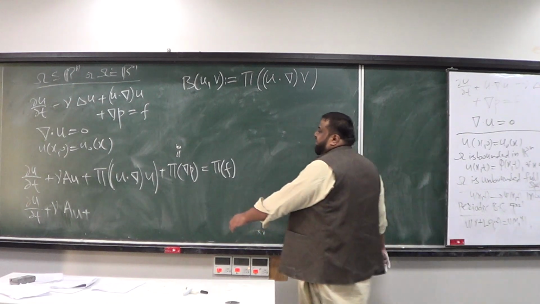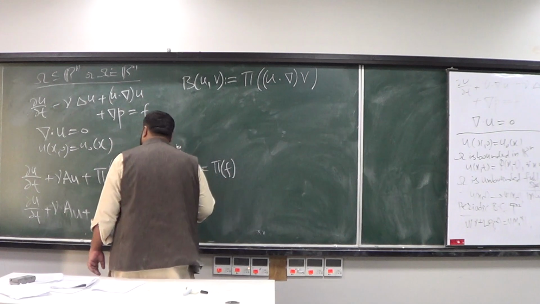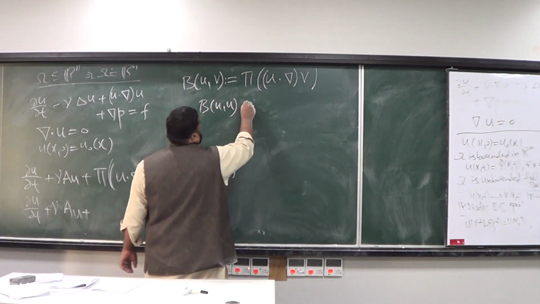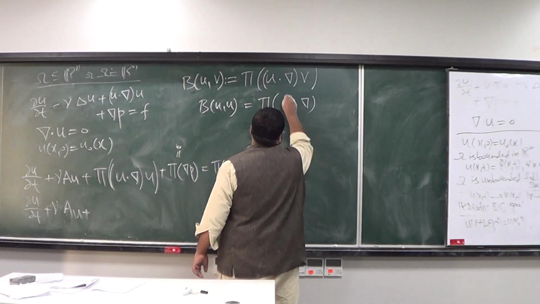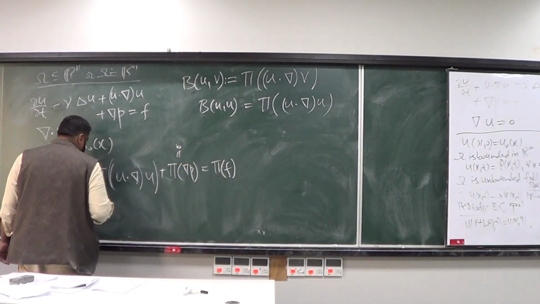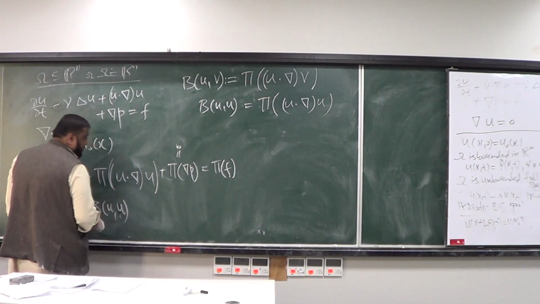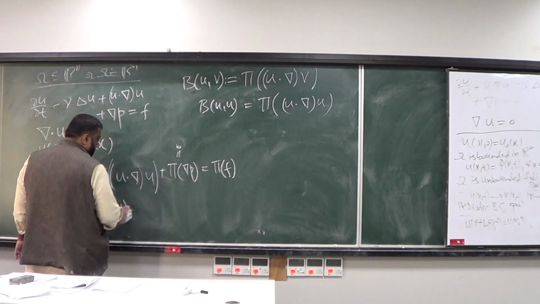So here I have pi of u dot del u. So I can say that basically the B of (u,u) is going to be the pi of u dot del u. So this can be written as B of (u,u) plus 0 and pi of f.